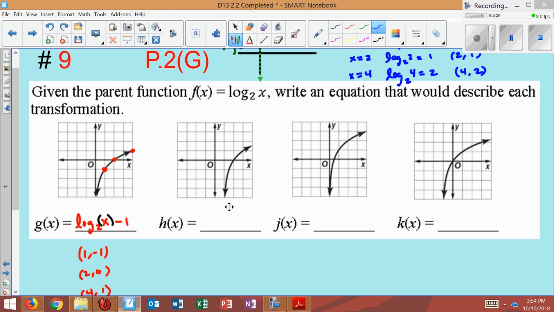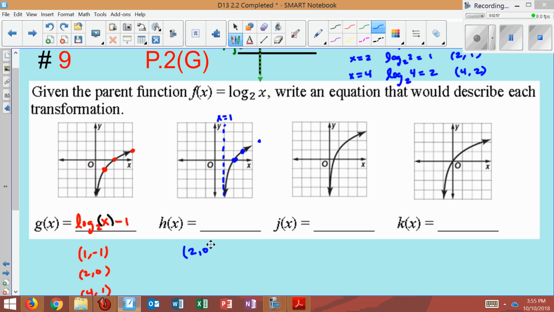All right, this next one, h, let's see the points here. The points I'm seeing that are good, I see this point, and this one, and there's another one that's going to show up probably about out here, but it's not there yet. But I do see that my asymptote has been moved. It's been shifted one right. So my guess is that the whole equation has been shifted one right. Let's see the points.